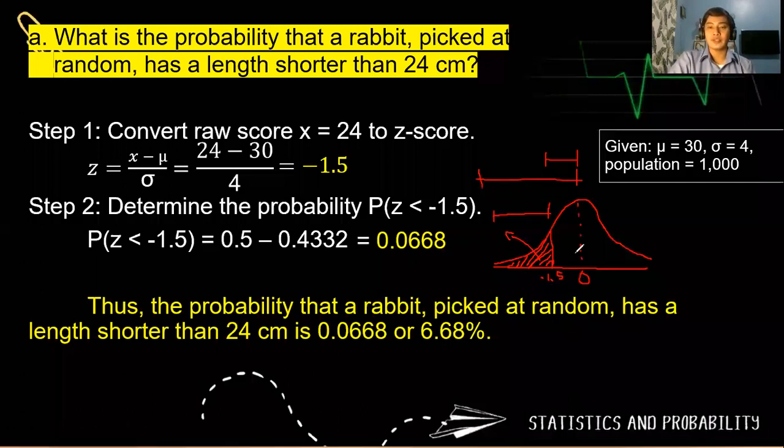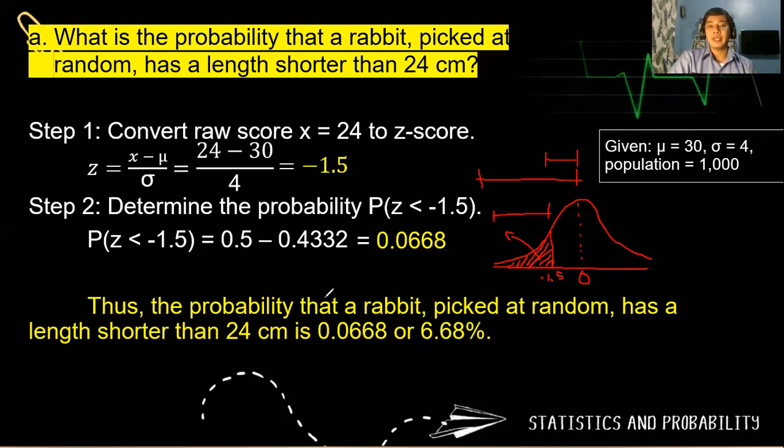So how does it look like in the graph? Look at this one. From 0, we next locate the vertical line representing negative 1.5, and the required area is less than. So this is the shaded area. To get the total area, we need to subtract 0.5 from the area from 0 to 1.5, which is 0.4332, so that we will get 0.0668.